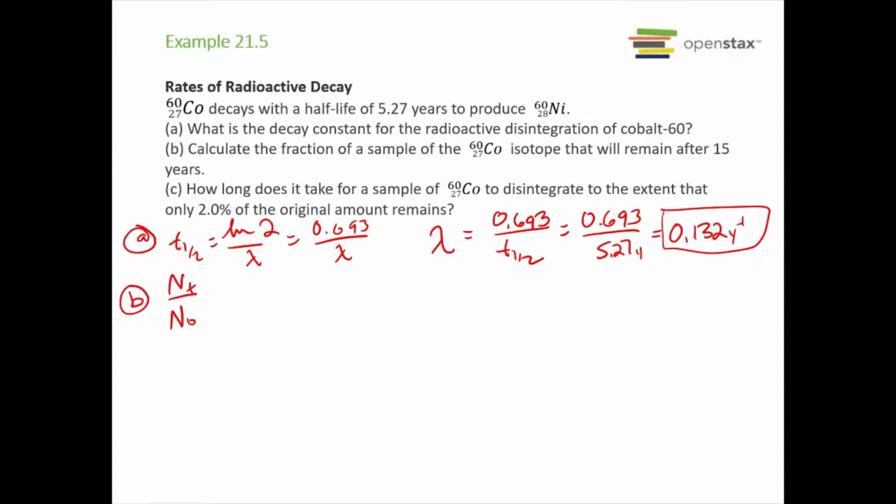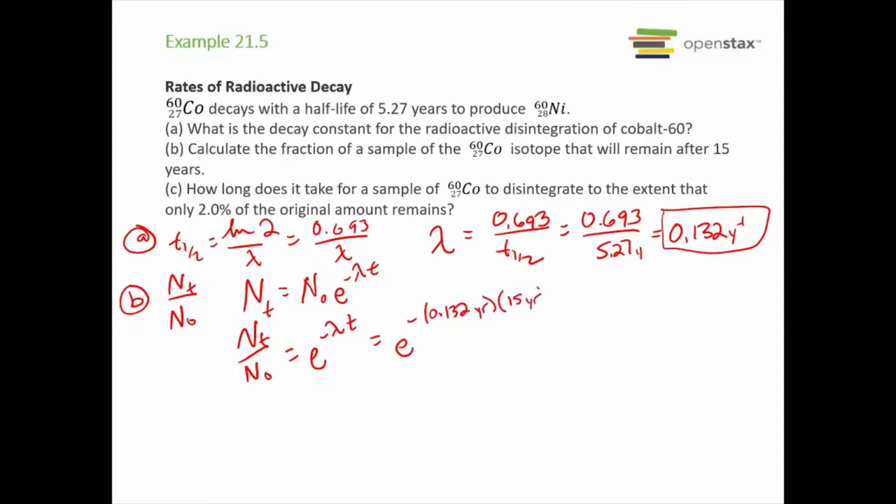So we can use NT is equal to N naught times e to the negative lambda times t. So then NT divided by N naught is equal to e to the negative lambda t. So that equals e to the negative 0.132 years times our time here. It wanted 15 years.